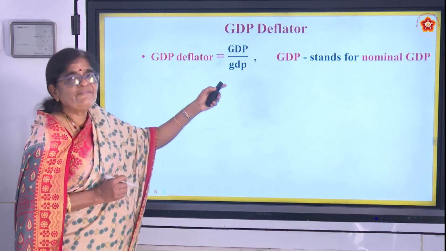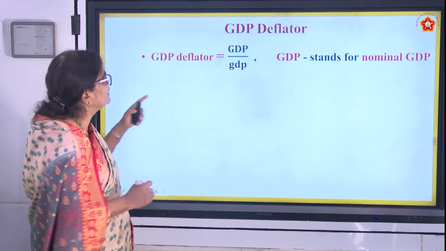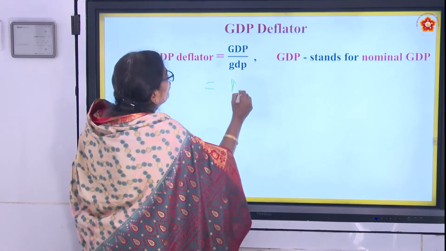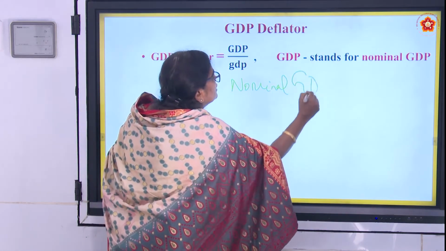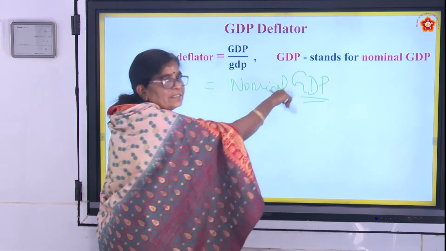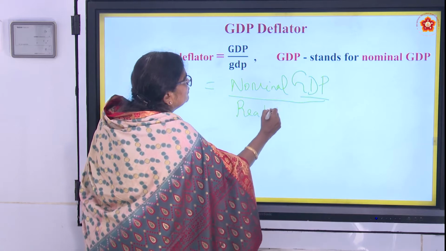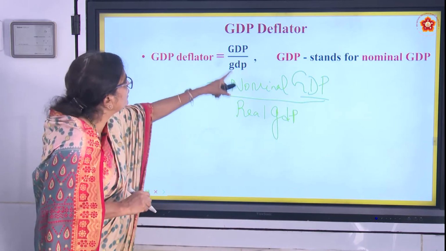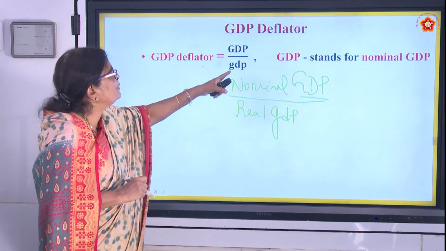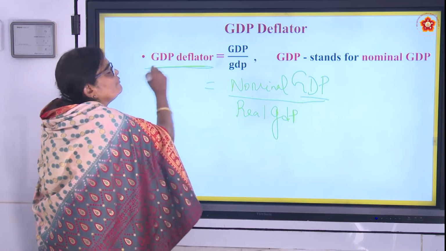Here comes the GDP deflator. What is GDP deflator? GDP deflator is nothing but the ratio between nominal GDP, which we write in capital letters, over real GDP, which we write in small letters. Therefore, the ratio between nominal GDP and real GDP is called the GDP deflator.